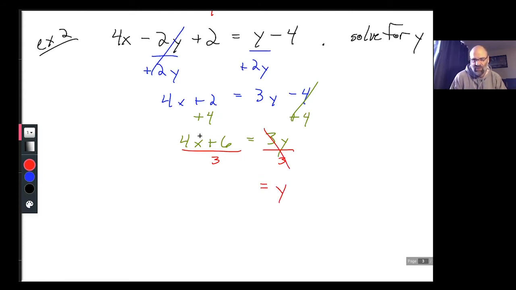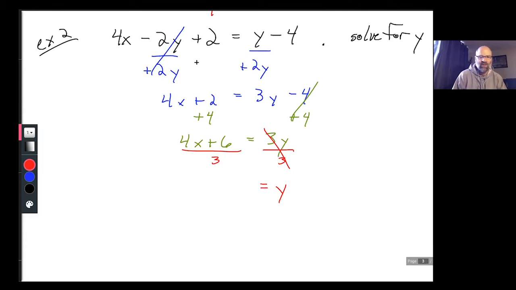Okay, raise your hand if you got this far, 4x plus 6 over 3. No hands? All right, did I go a little too fast? Yes. Okay. So all I'm doing, and you've got to think about it like this, is rearranging the furniture.